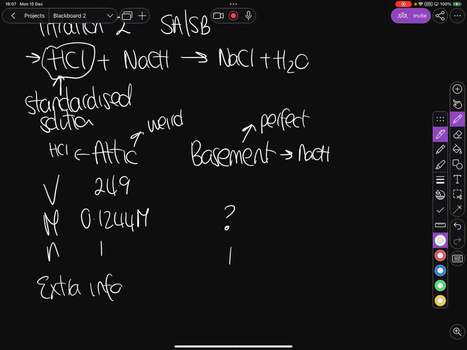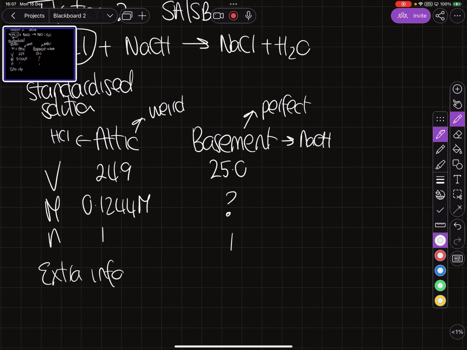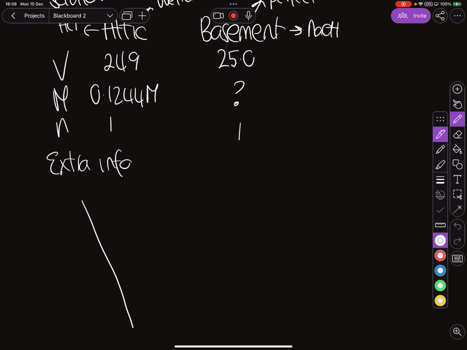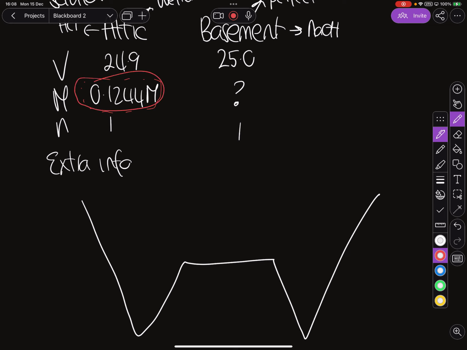We're trying to find out the concentration of NaOH, and it was 25.0 centimeters cubed. So we are using the funky W to do your maths. You're going to do this in your extra pages. We have said this is the way in, this part here, and when we get to over here, we will have worked out our question mark.